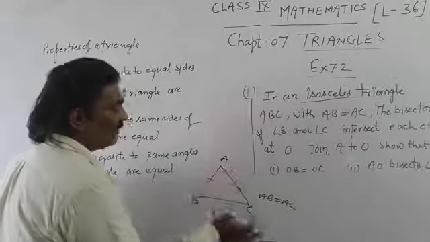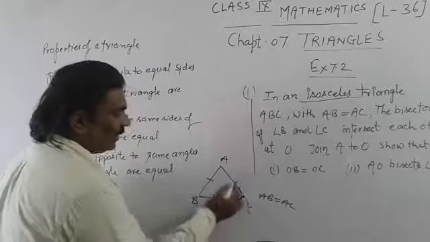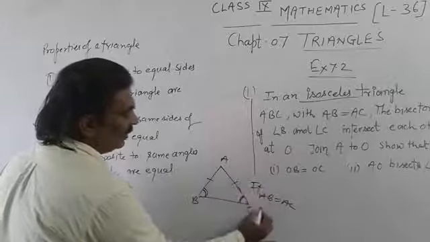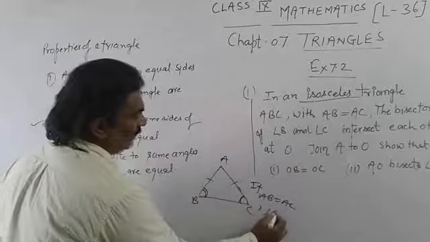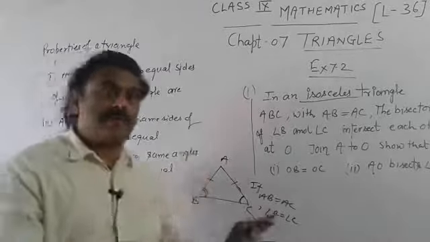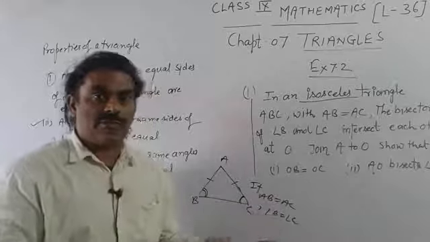AB is equal to AC, the angle opposite to AB is C, and the angle opposite to AC is B. So if two sides are equal, then angle B is equal to angle C. Students, if sides are equal in a triangle, then the angles opposite must be equal.